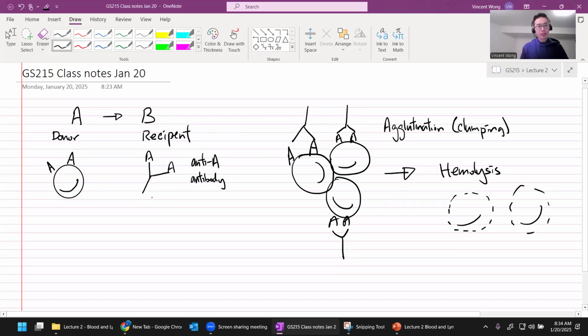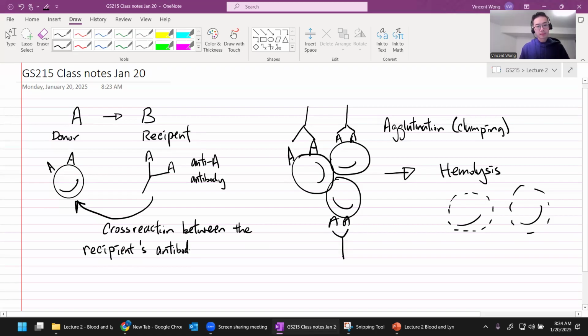Okay, so here we say there's a cross reaction between the recipient antibodies and the donor's red blood cell.